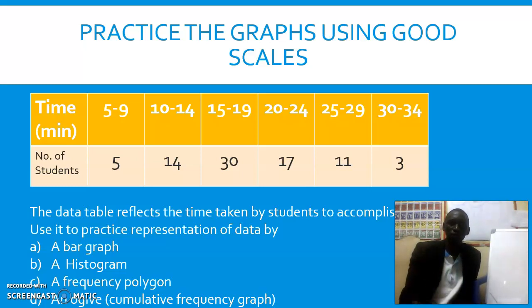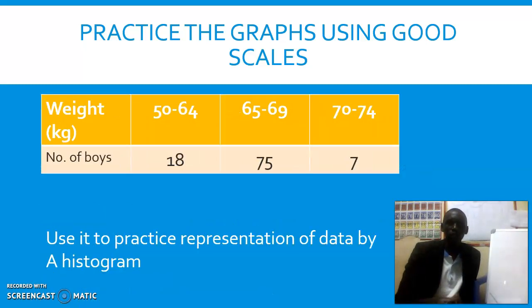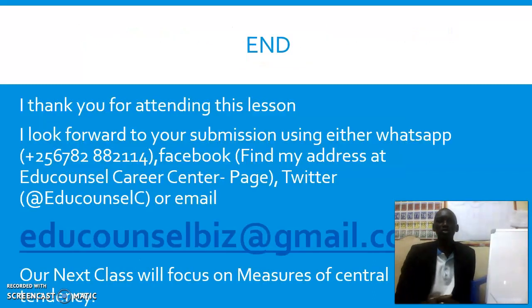This first one has equal class widths, as you will see, but the second one has varied widths, and I hope you'll be able to remember that formula for calculating the frequency density and use it to plot your histogram. I'll be looking forward to see what your submissions will be like.